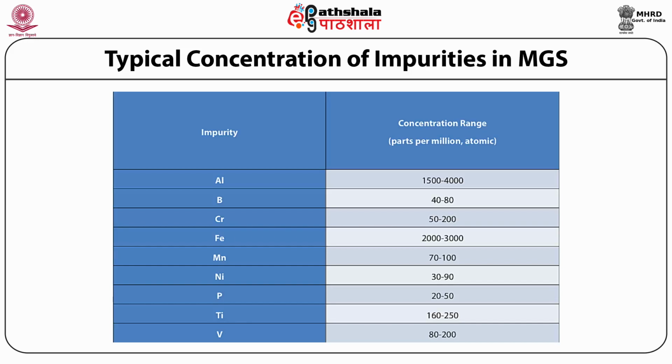And iron has the maximum concentration range in parts per million among the impurities in MGS. This MGS requires further purification to convert it into semiconductor grade silicon, SGS, for electronics industry application.